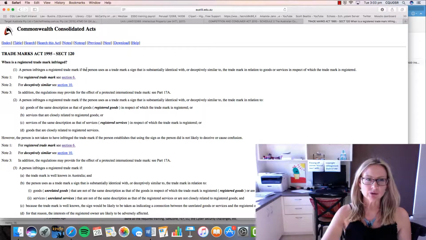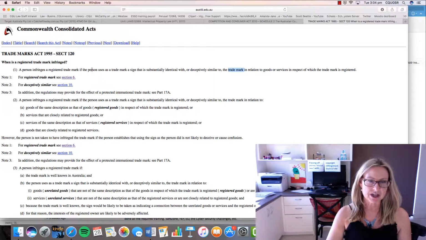So if you have a look at section 120 of the Trademarks Act 1995, it says a person will infringe a registered trademark if the person uses as a trademark a sign that is substantially identical with, deceptively similar to, the registered trademark in relation to goods or services in respect of which that trademark is registered.